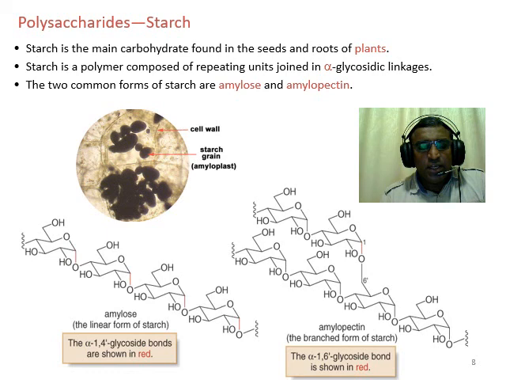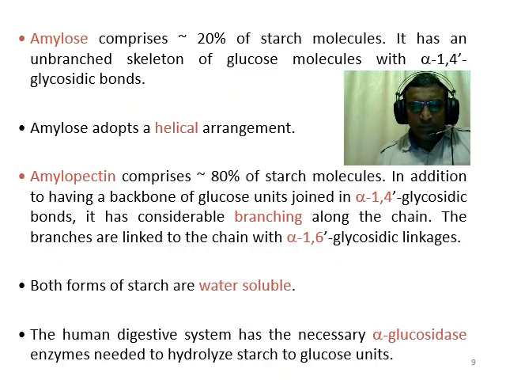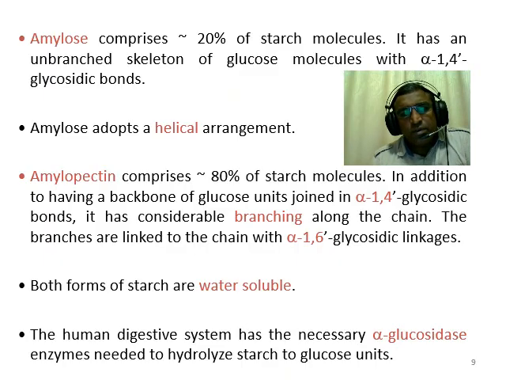It is helical in structure, while amylopectin has branches of 1,6 glycosidic bonds, and shown there is the diagram for amylose as well as amylopectin. More information on starch and its components.